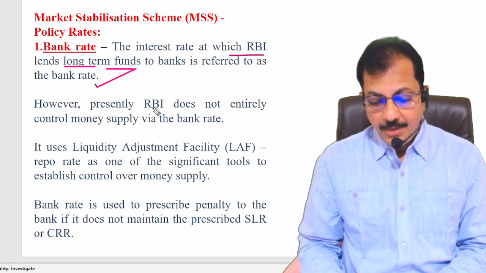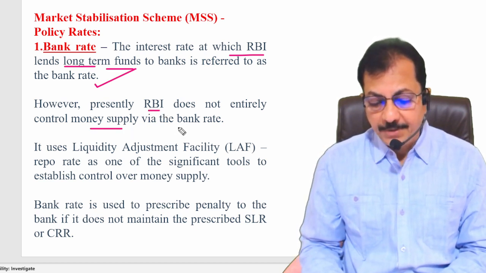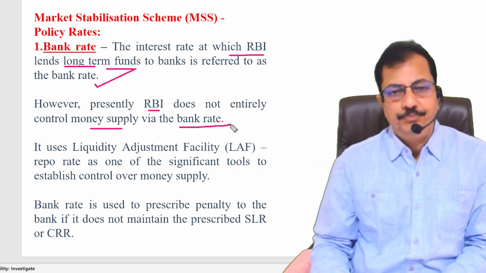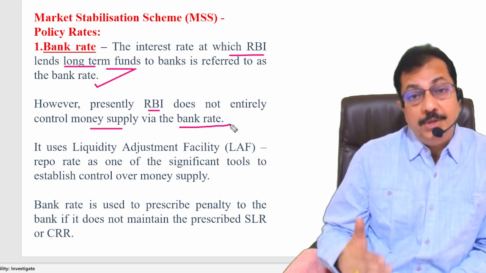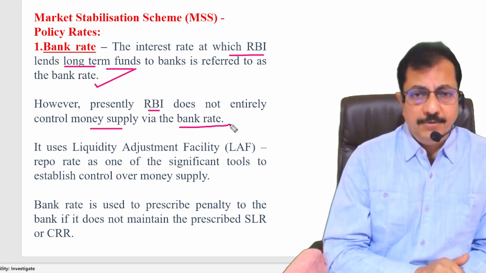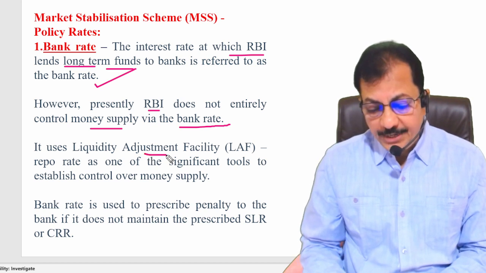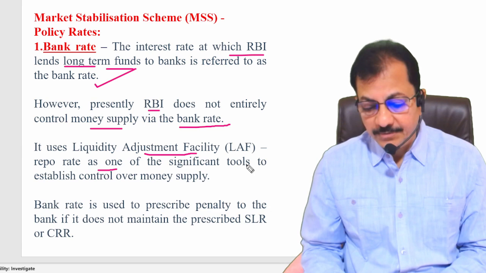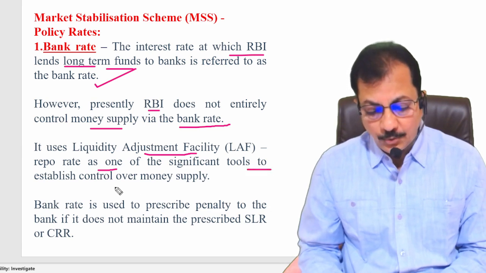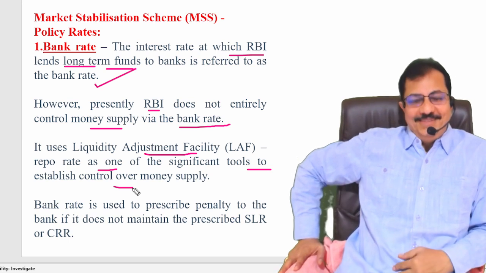However, RBI does not entirely control money supply via the bank rate. So this is not controlling everything through the bank rate. That is the place where the repo and reverse repo come into the picture. It uses the liquidity adjustment facility, with the repo rate as one of the significant tools to control the money supply. Is that okay?